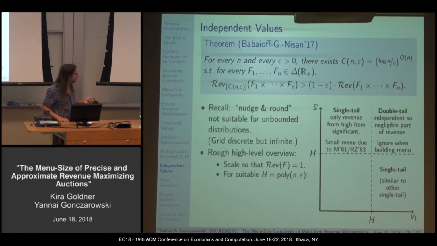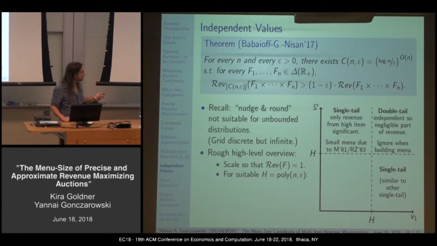The single tails, where one good is above h and all of the rest of the goods are below h. Here, I'm lying a bit, but kind of, the only revenue comes from the single high item. The low items that cost less than h don't contribute much to the revenue. I could simply not sell them. To these buyers, I could optimize the menu to sell only the high item.